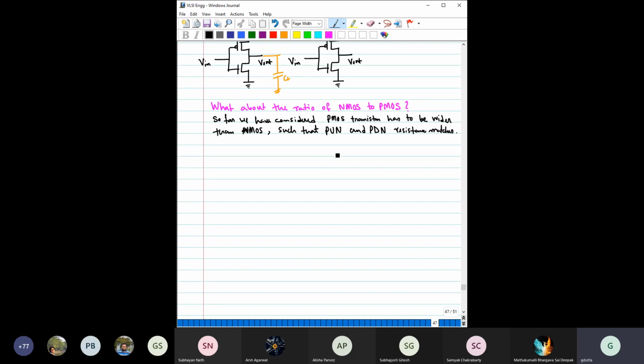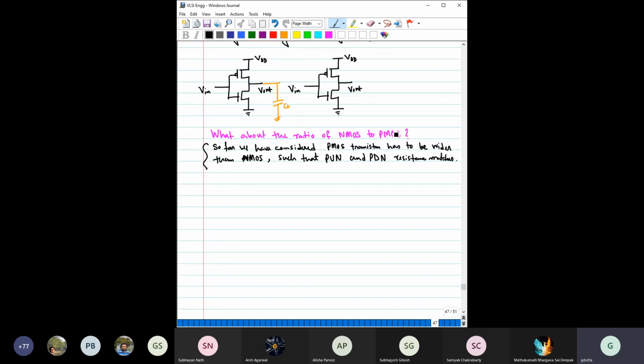This was whatever we know. But definitely this is not from the propagation delay perspective. From the propagation delay perspective, we can get a better propagation delay if we change this ratio not as per the resistance point of view, but some different point of view.